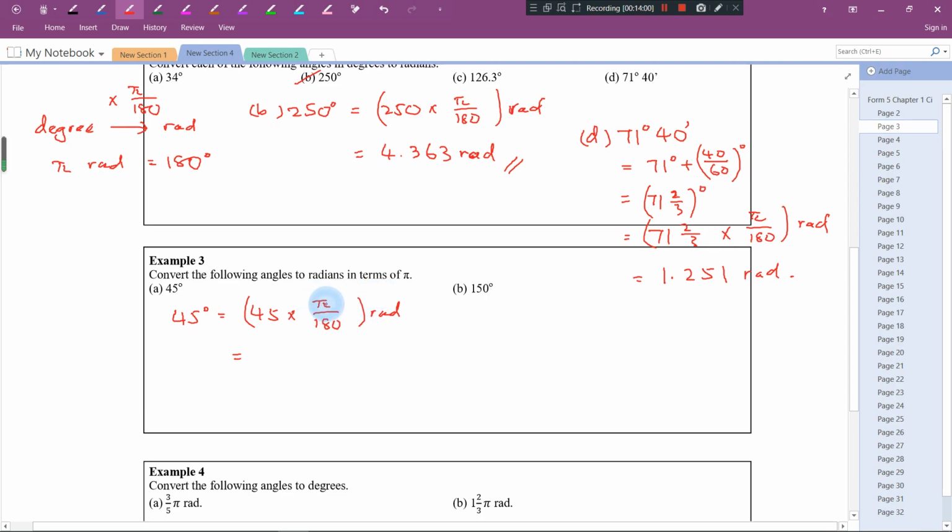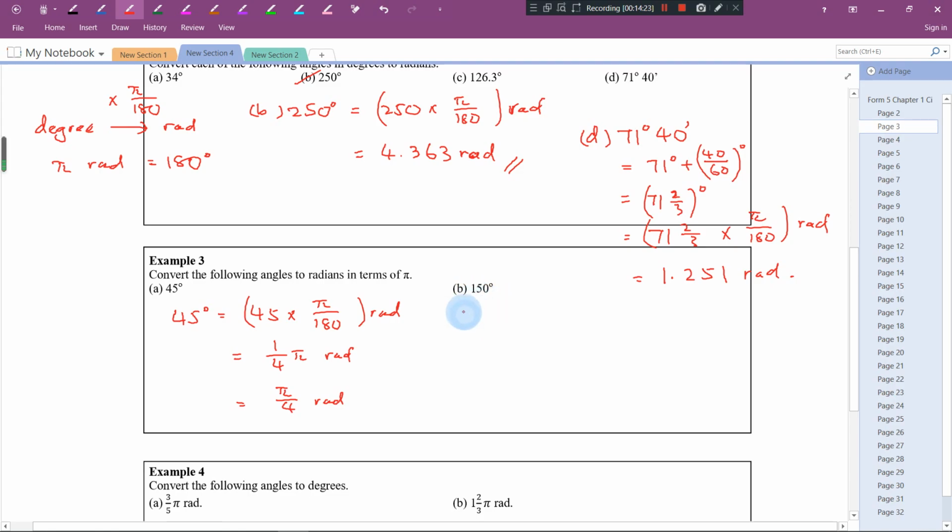So what we need to do is just take 45 divided by 180. Then you will get 0.25 or 1 over 4 pi radian. If you don't want to write 1 over 4 pi radian, you can just write pi over 4 radian. So this one you can try.